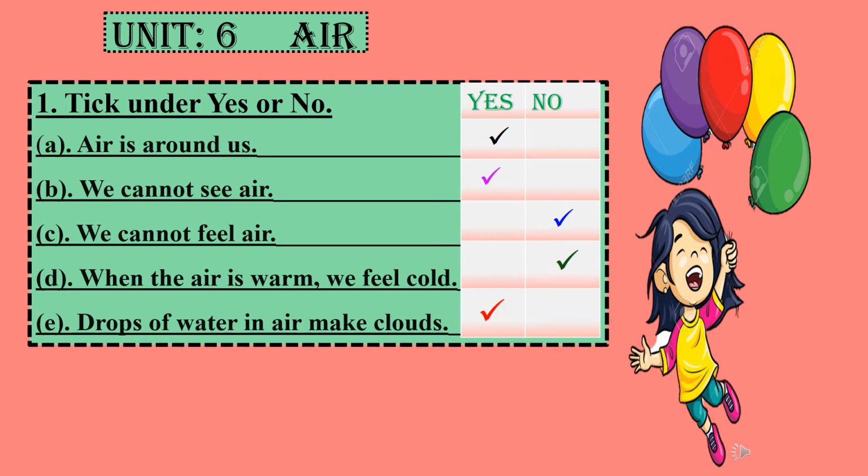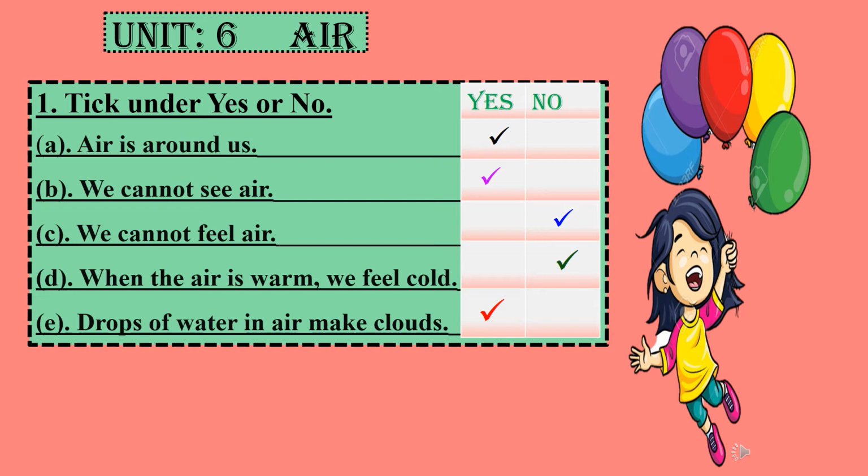Fourth sentence is when the air is warm, we feel cold. What could happen? When the air is warm, we will feel hot, obviously. So it is wrong. You have to put a tick in the no column in front of that sentence.